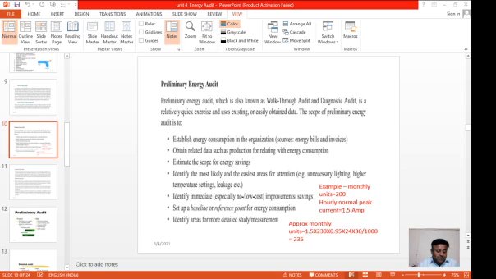Second, you can go through the records which are available there. You need not go through the records in detail. You should see only whether they are filled in properly and maintained properly. In a number of cases, it is observed that the record is not filled in properly, so that should not be there.